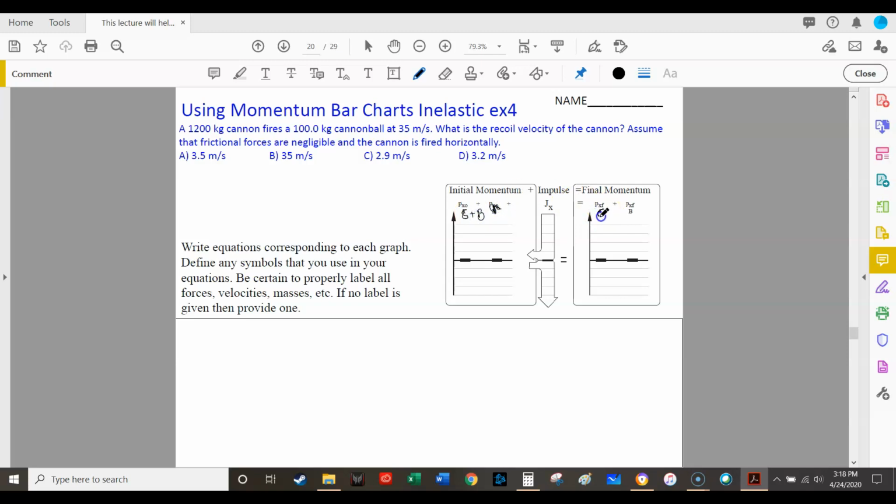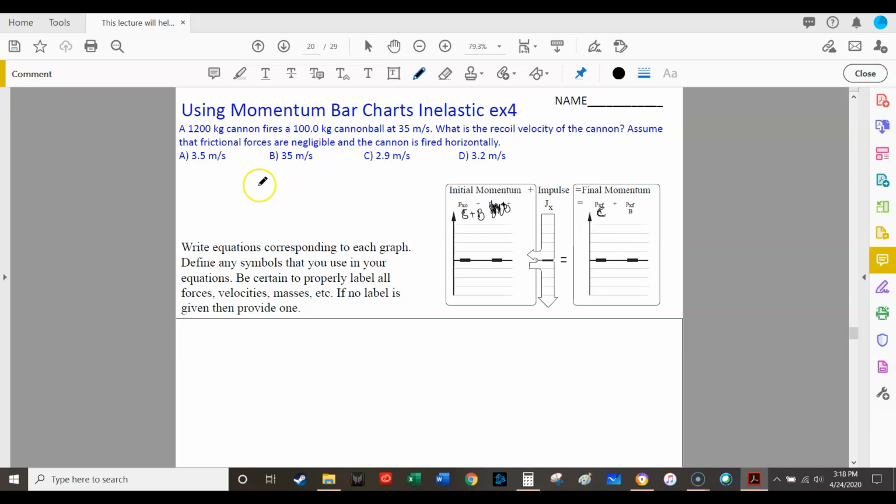Now the cannon is over here and the ball is separating. Remember, together, so this doesn't exist. There's just one momentum in the beginning, and now there's a cannon and the ball at the end. So go ahead and try this out, get it from beginning to end, and try to select an answer. Let's see how well you do. Please pause the video now.